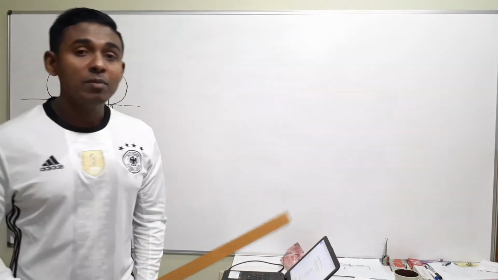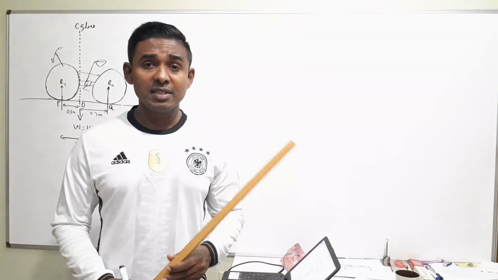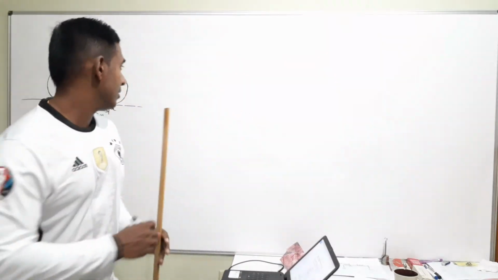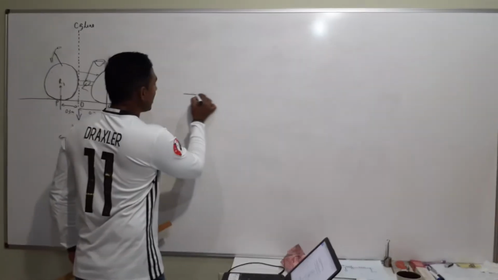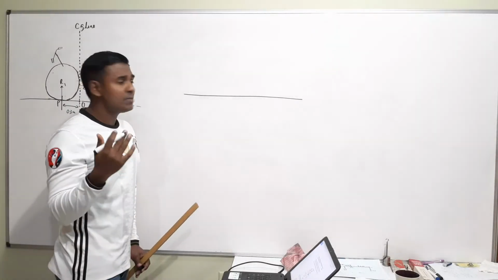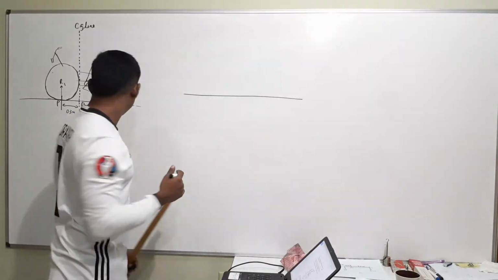Okay? So the best way to go about doing this is to first of all draw a line. So we draw a line that represents this entire system here. A line seems to be a lot easier to do.